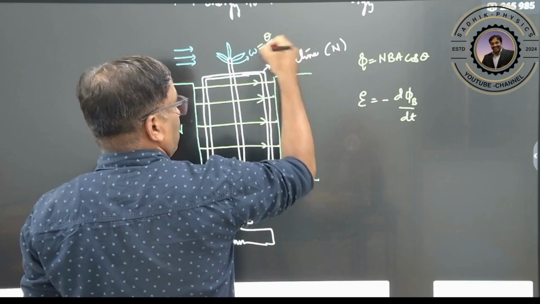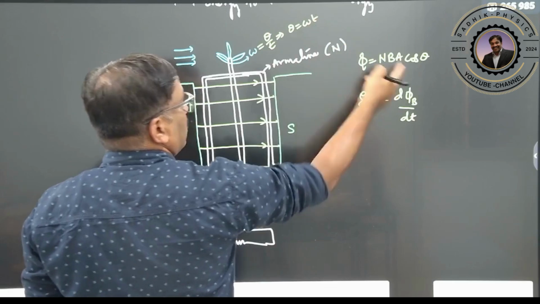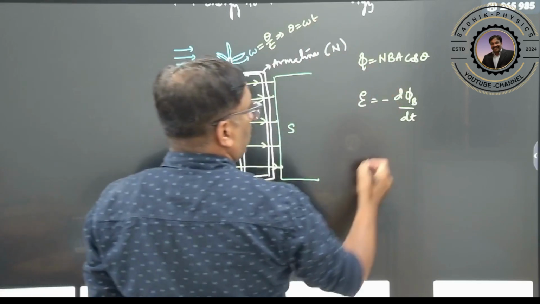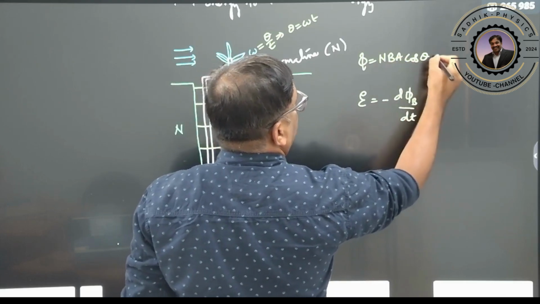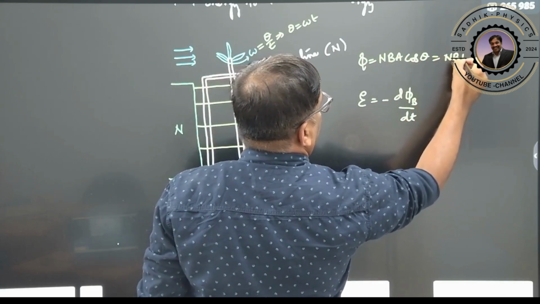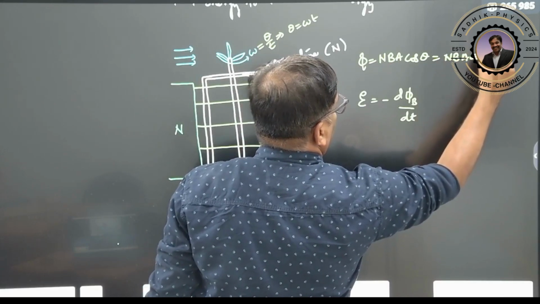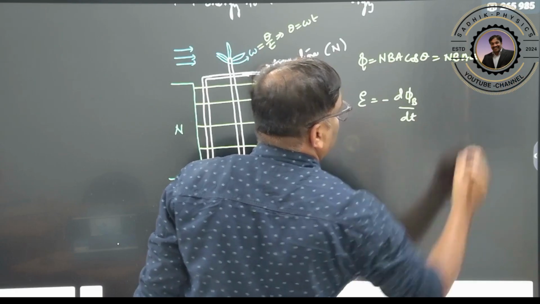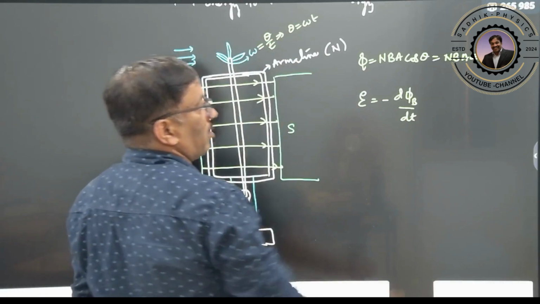Omega is equal to theta by t, therefore theta is equal to omega t. Substitute in this. Therefore what you will get? The flux will be NBA into cos of omega t.